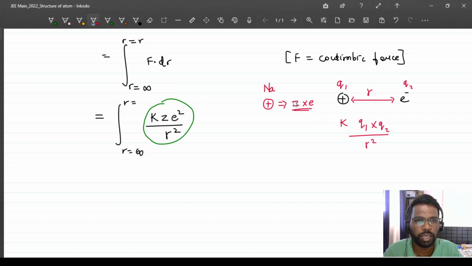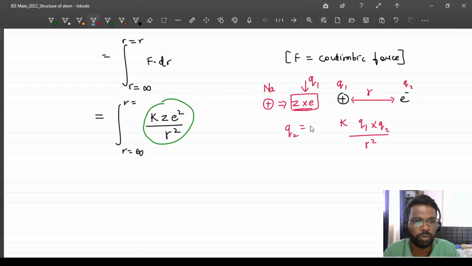Z is the atomic number. Let's say for sodium, 11 is the atomic number. So 11 protons will be there, times the charge of the proton, which is the same as that of the electron but opposite in sign. That's why I am writing one charge as Q1, which is Ze. What is the magnitude of Q2?